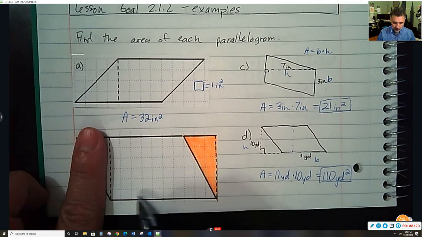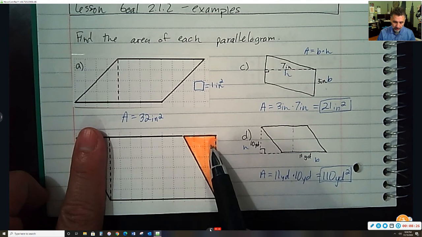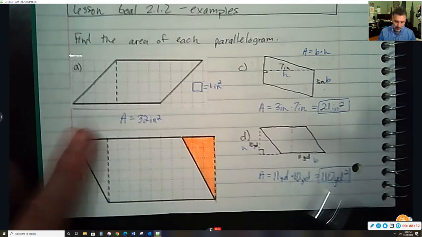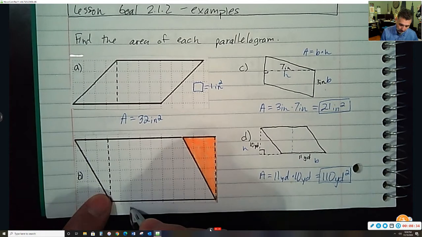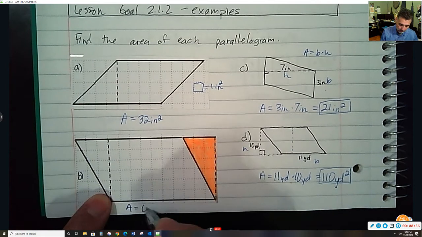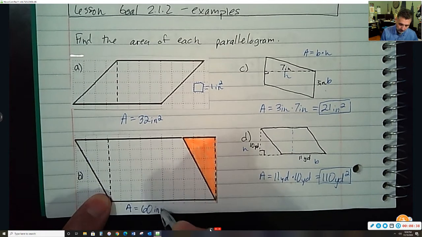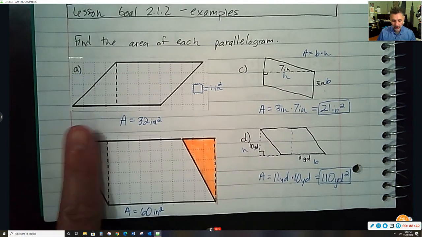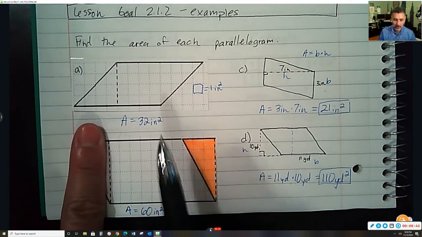There's 1, 2, 3, 4, 5, 6, 7, 8, 9, 10, 20, 30, 40, 50, 60. There's 60 squares, and each square is 1 inch squared. So the area for this guy would be 60 inches squared.